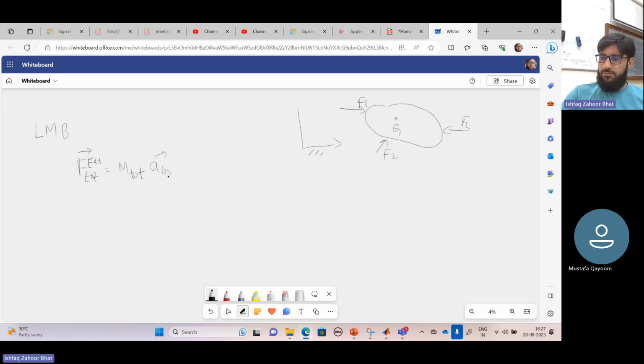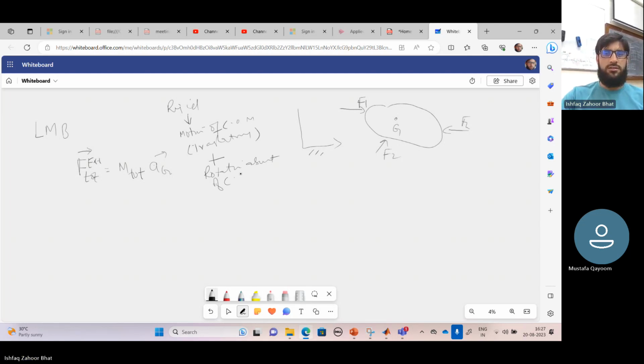But I think when we started the 3D rotation, I told you that the rigid body motion can be decomposed. We can decompose this rigid body motion into motion of the center of mass, or the translatory motion, plus rotation about the center of mass.